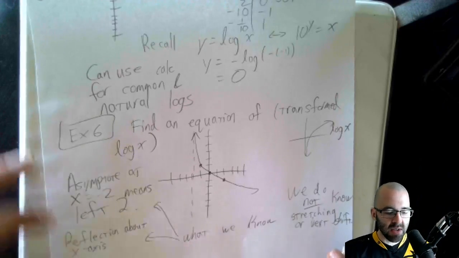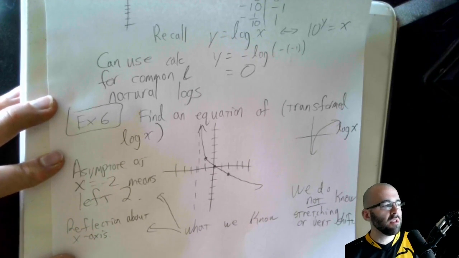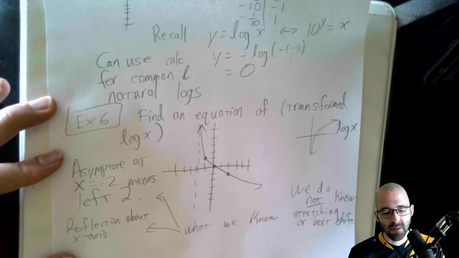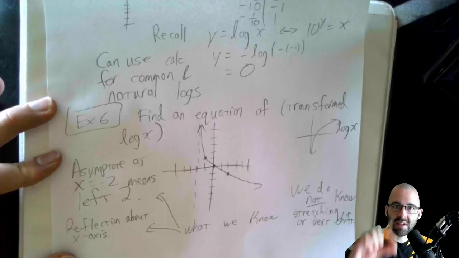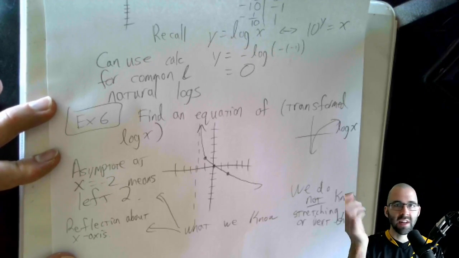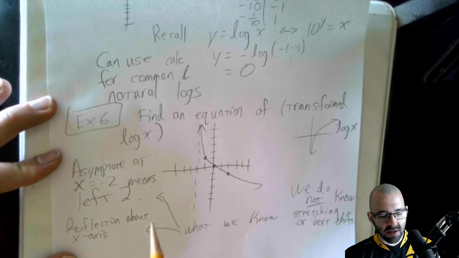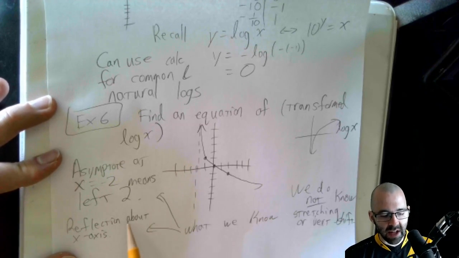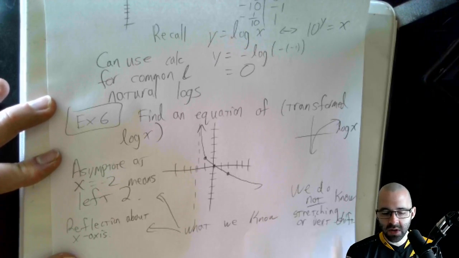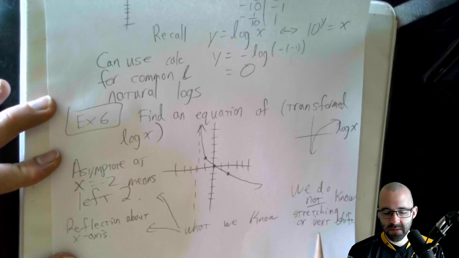And this is the same situation that we were in on the quiz. In the quiz, you could easily see the reflections, or most people could see the reflections. For exponentials, we could also see vertical shifts. We couldn't see the horizontal shifts, and that's what most people missed, or stretching. Here, it's an inverse. We see a reflection, we see a horizontal shift, but we don't know if there's any stretching or a vertical shift.